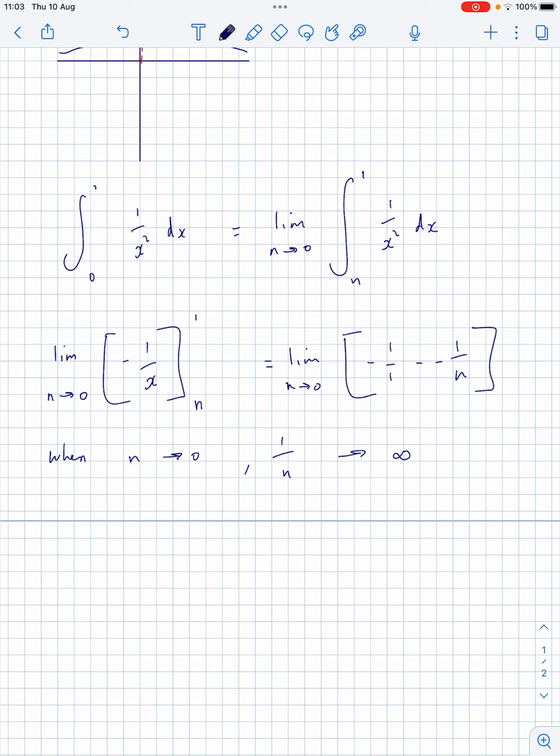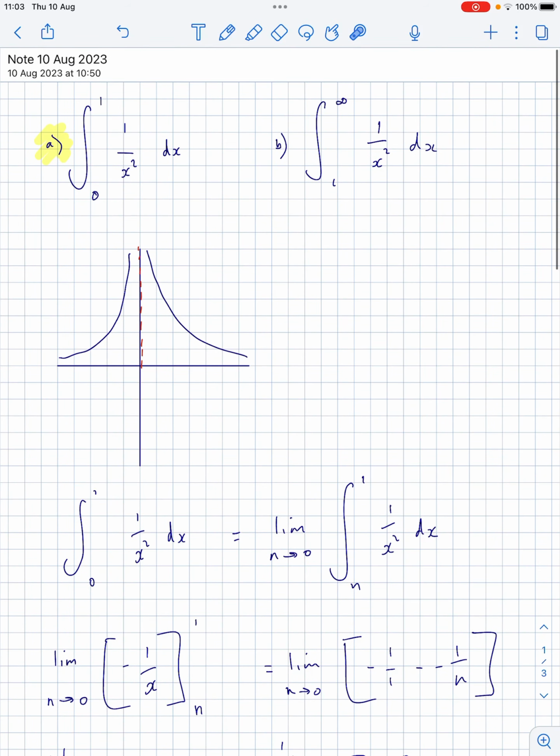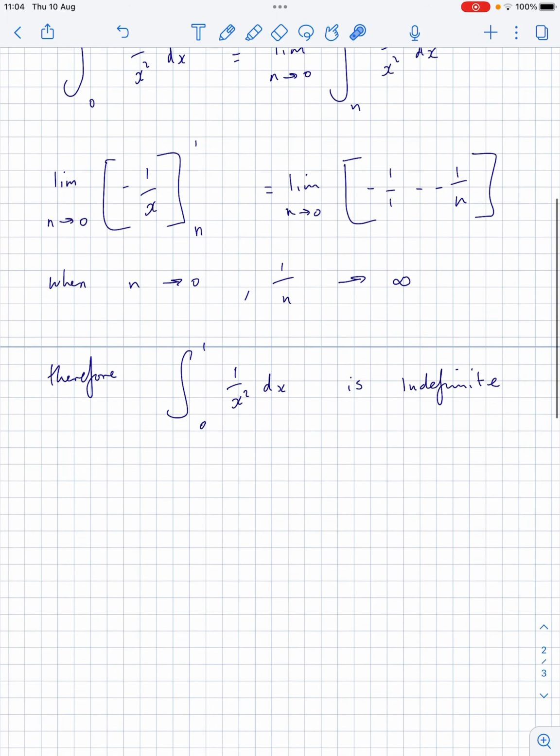So therefore, the integral between 0 and 1 is indefinite. It's an infinite value, and that kind of makes sense really, because if it doesn't touch this axis, I'm always going to get some more area.